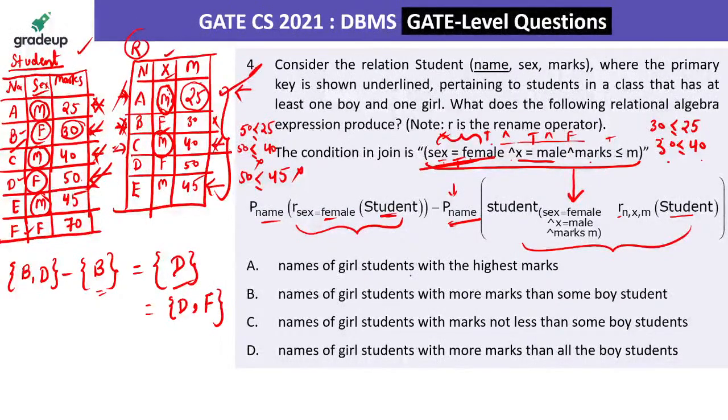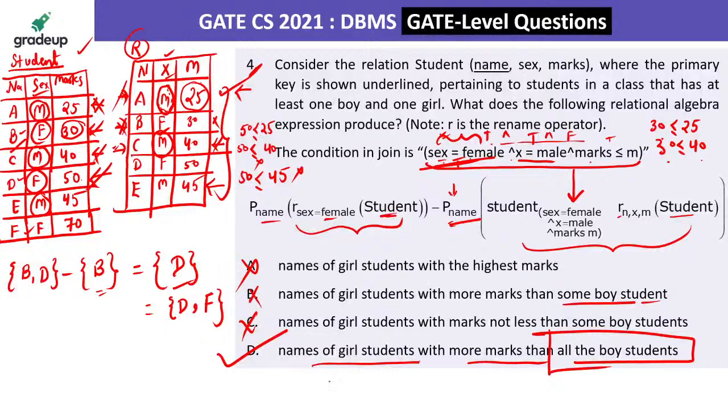So name of the girl students with highest marks, no. Okay, not true. Name of the girl student with more marks than some boy student, not some. Okay, name of girl student with marks not less than some boy, no. So the answer is name of the girl students with more marks than all boy students. Yes, when they are greater than all, only then we are getting D and F. Why?